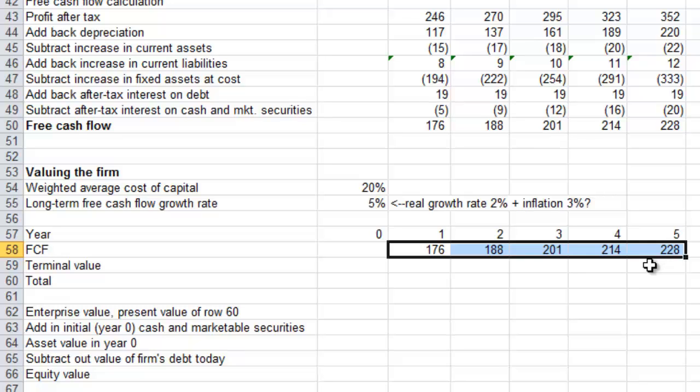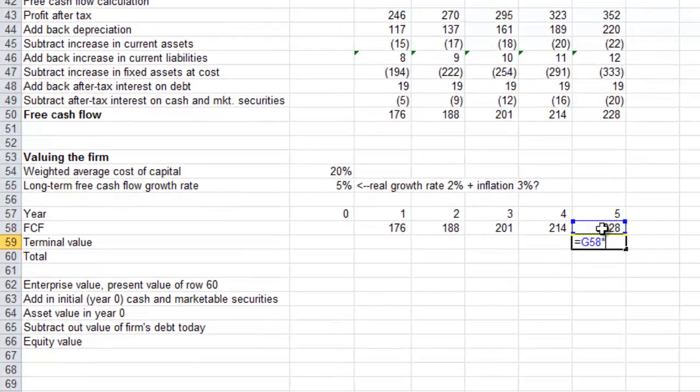And so the way we calculate that in G59 would be the year 5 free cash flow times 1 plus the long-term growth rate that we expect for free cash flow, which we're assuming is 5%, and then divide by the difference between the weighted average cost of capital and the growth rate, or 20% minus 5%, and that gives us a terminal value of 1598 there.